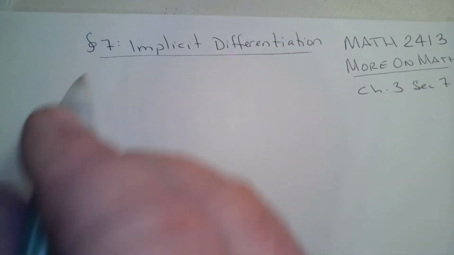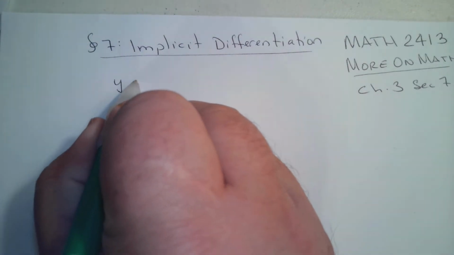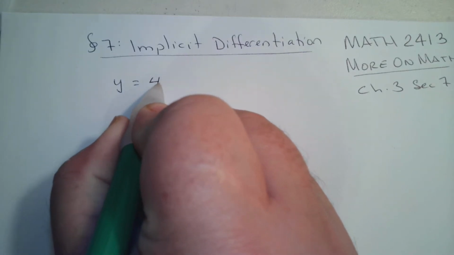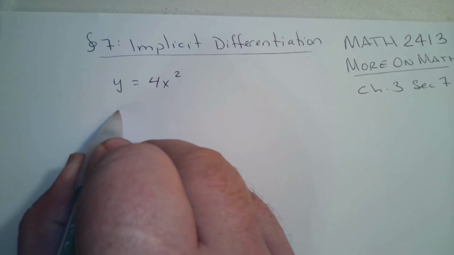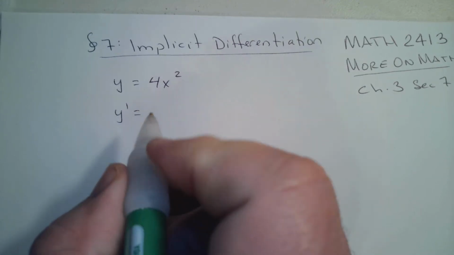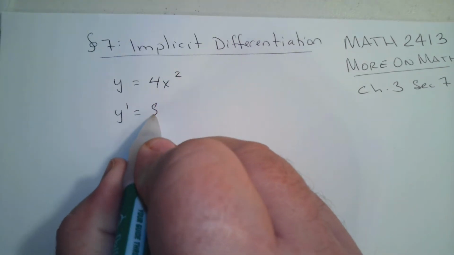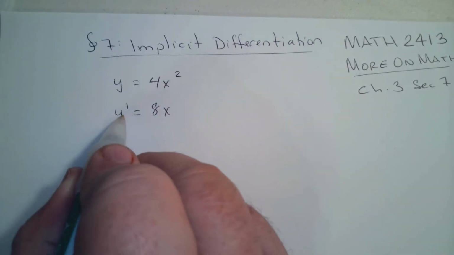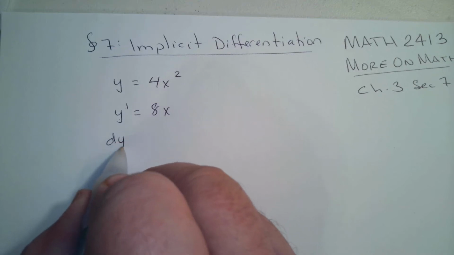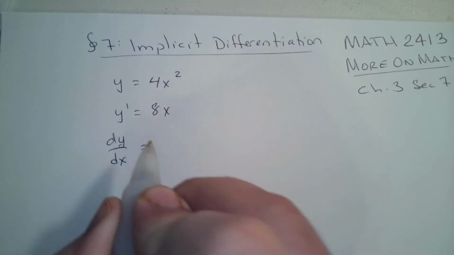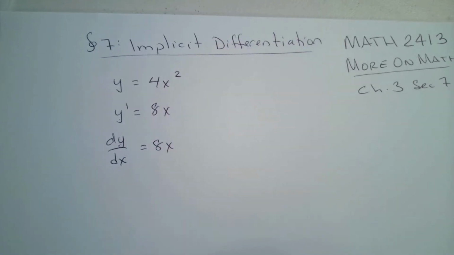Up until now, our x's and y's have been separated. So when I look for a derivative, I just do the process. So this y prime is actually dy/dx equals 8x. Fine. So x and y are separated.